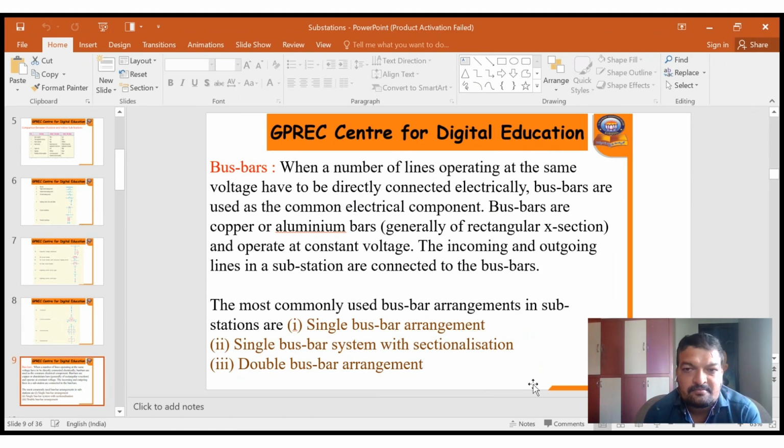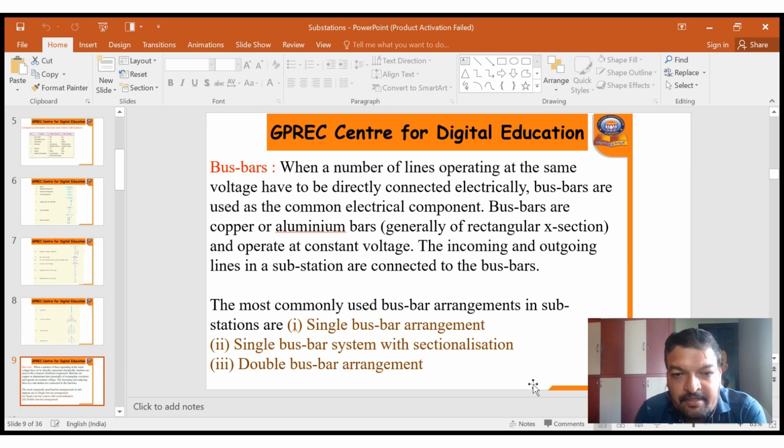Generally, bus bars are conductors made of copper or aluminum bars, and they operate at constant voltage. The incoming and outgoing lines in a substation are connected to the bus bars. Why? Because a substation has an input at some voltage and an output at another voltage, so all the incoming and outgoing lines are connected to bus bars.